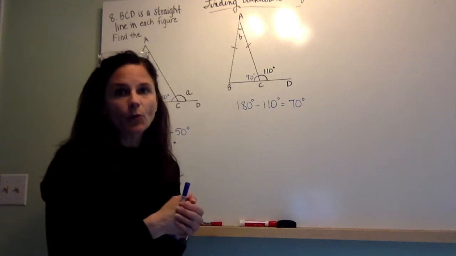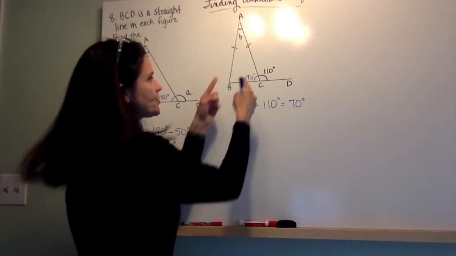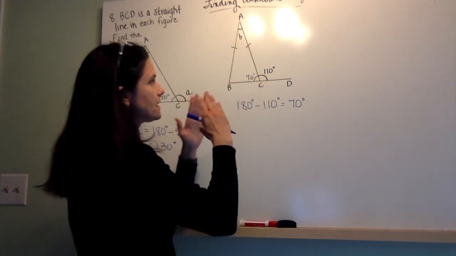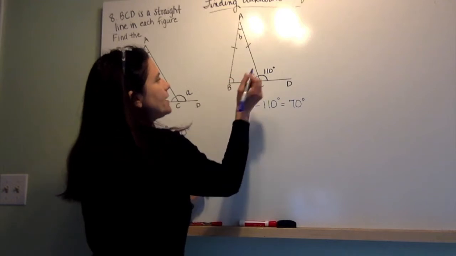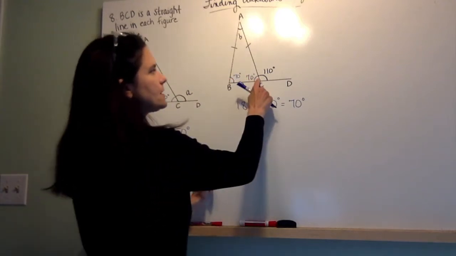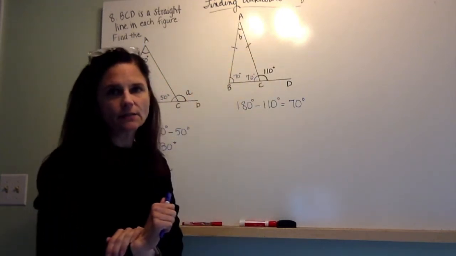Well, again, think about what you know about isosceles triangles. Again, those 2 angles between the equal lines, the equal sides, are equal. So this angle is in fact equal to this angle, because do you see that they're both in between and opposite the equal sides?